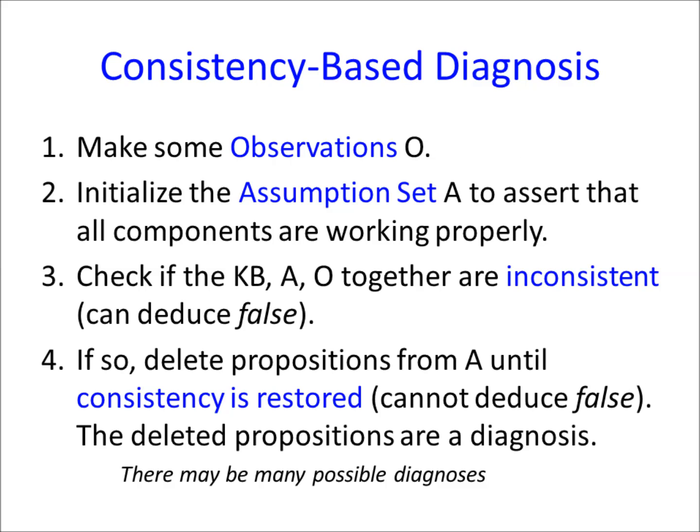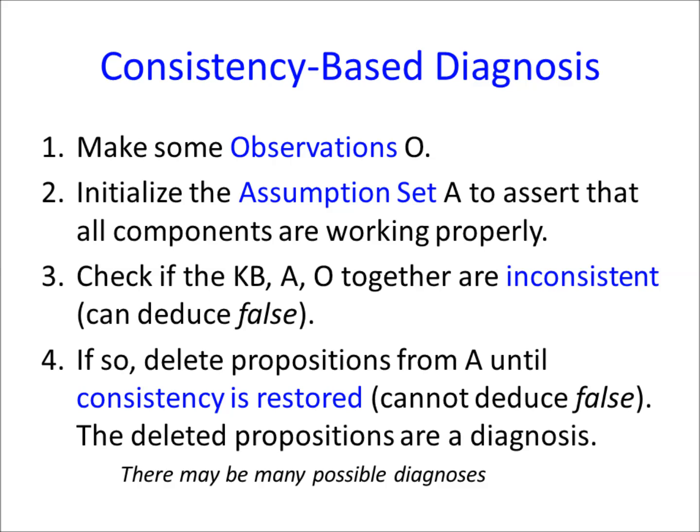Okay, so this is going to be the algorithm. You have some observations O. You initialize the assumption set A to assert that all the components are working properly. If all the components are working properly, then your knowledge base, your assumption set and observation set together are inconsistent, right?